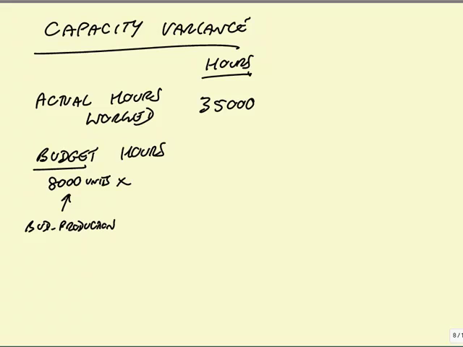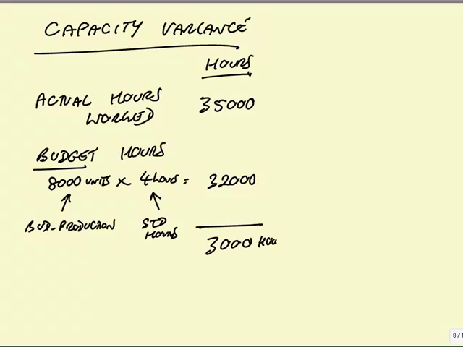So that's how many hours we expected to have. We got 35,000. We had 3,000 extra hours. Cost it out, but again be careful because here we're in hours. Cost it out at the standard cost per hour. Standard cost per hour from the cost card is $3, and therefore it's 9,000.